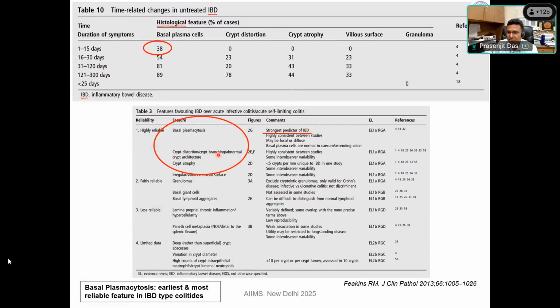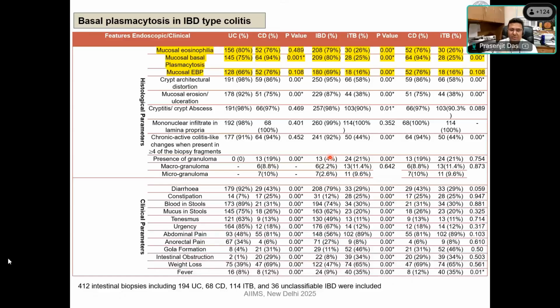And crypt distortion and all other features we described may take at least 4 to 6 weeks or 2 months or so to appear. So if you have confusion whether a very early biopsy is IBD or not, you may discuss with your clinician and ask them to repeat after a few weeks. That is usually the protocol.